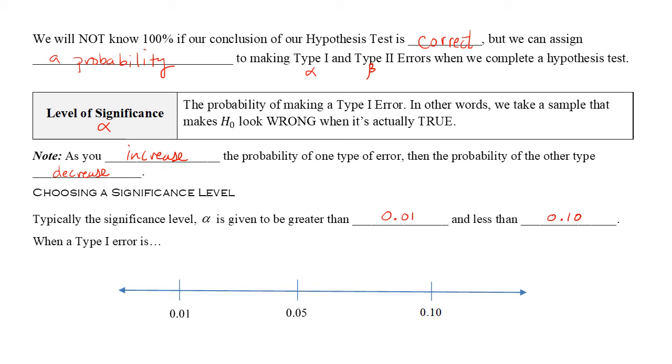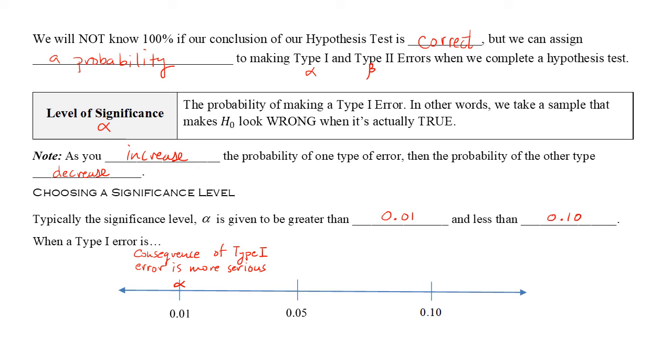So if the consequence of making a type 1 error is more serious, then we would choose a smaller value of alpha, at the lower end of the spectrum.